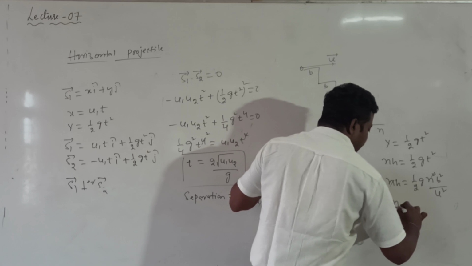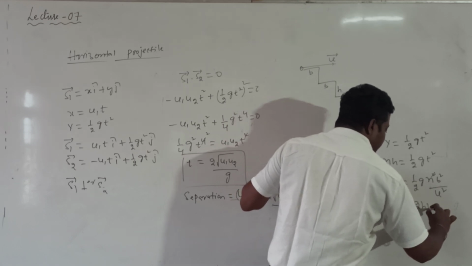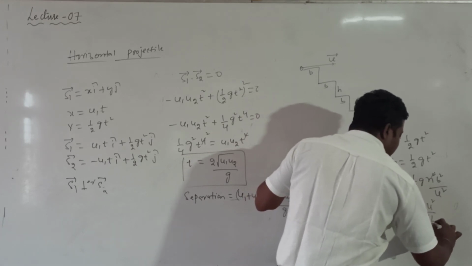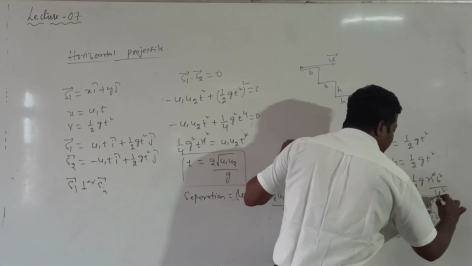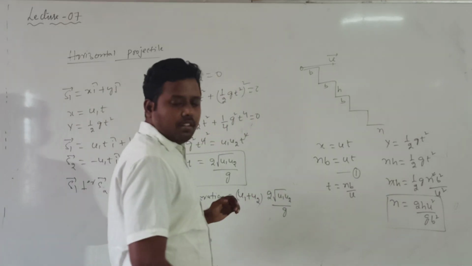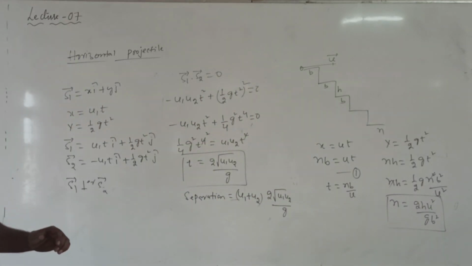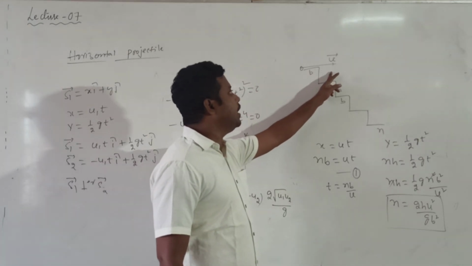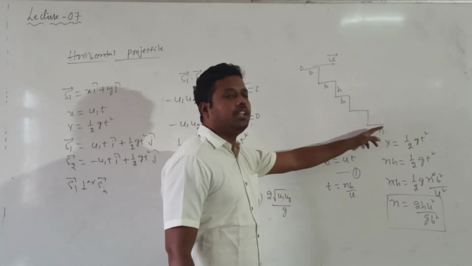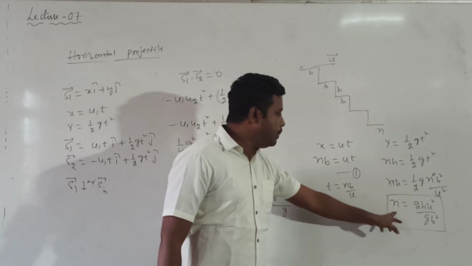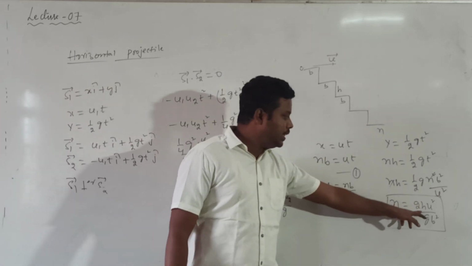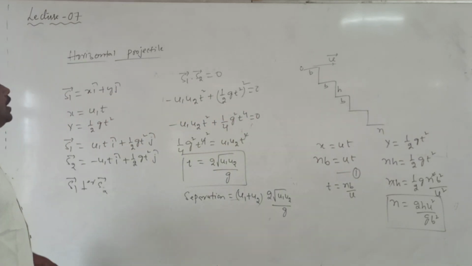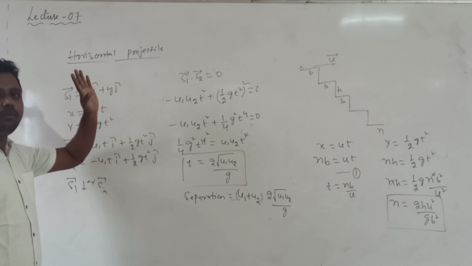If I want to calculate n value, it is given by 2 into h into u square divided by g into b square. What is n here? Nth step. So how many steps are required for a ball falling from the top step with a velocity u bar to directly fall onto the nth step? So n value will be given by the formula 2h into u square divided by g into b square. And these are the points regarding the horizontal projectile.